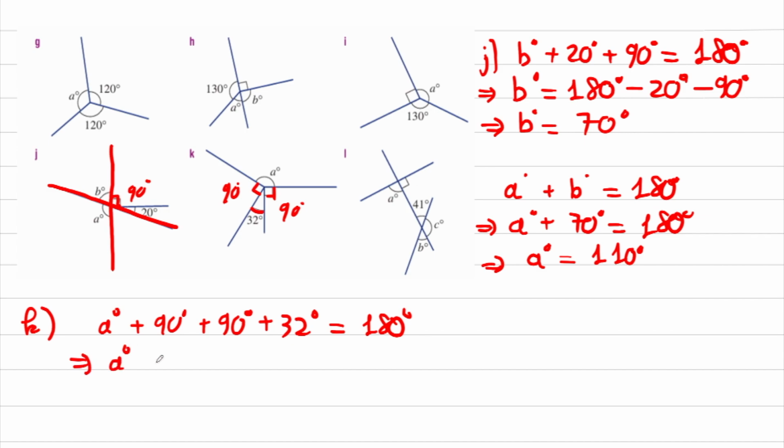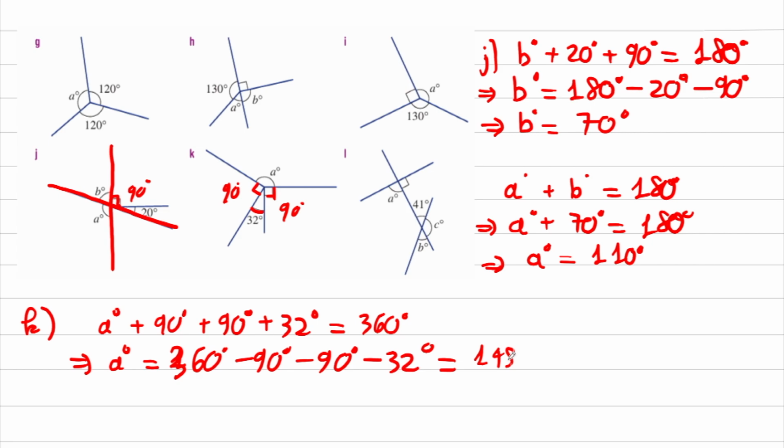And then I will get, revolution is not straight line. Revolution means here is 360. So 360 degree minus 90, minus 90, and minus 32. This will become 148 degree.